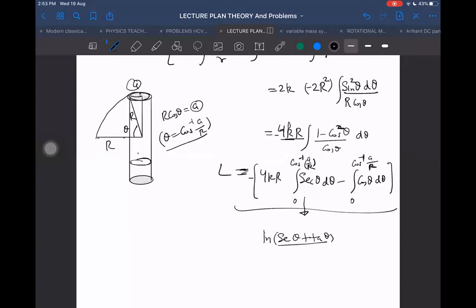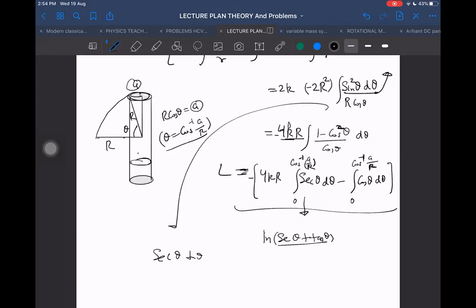Sin square theta by cos theta integral is secant theta into tan theta, sir. We can write sin square theta by cos theta as tan theta into sin theta.